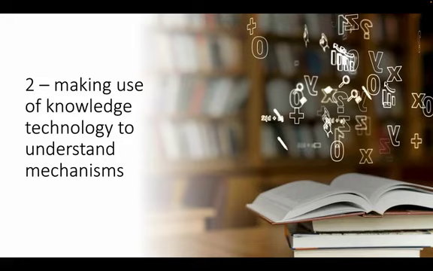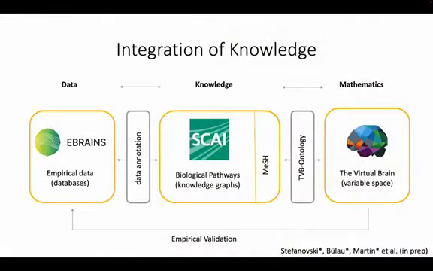So the second column will now be how to make use of knowledge technology to understand the underlying mechanisms. The integration of knowledge in science is, of course, a crucial task. And here we can make use of the concept of knowledge graphs, or in general of graphs and ontologies.